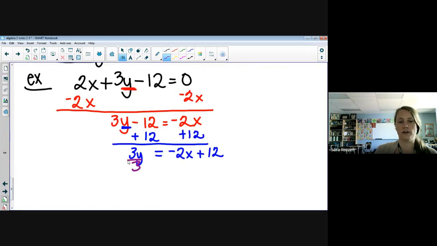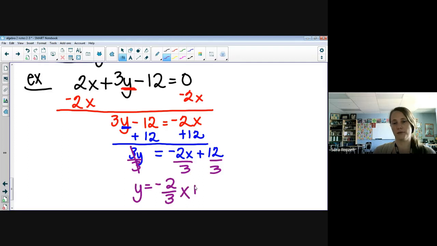So get rid of the 3, get rid of the 3, get rid of the 3. The 3s are gone. y equals negative 2/3 x plus 4. Okay. So we move the things that are not part of the y first, then we divide by whatever's in front of the y at the very end.